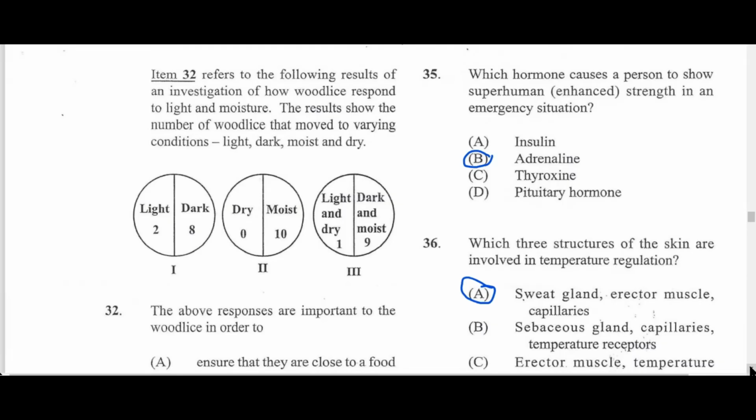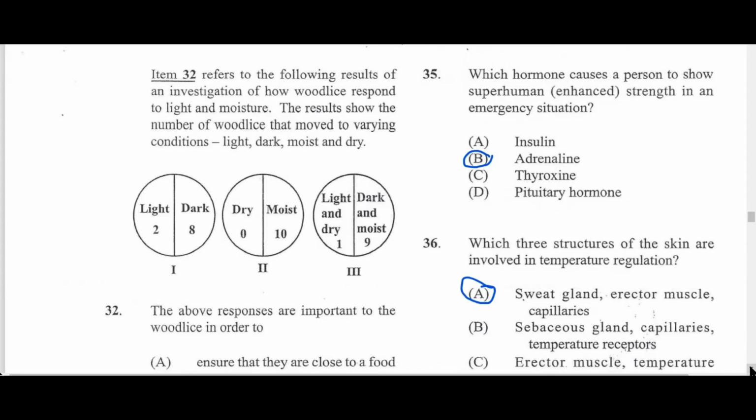refers to the following results of an investigation of how woodlice respond to light and moisture. The results show the number of woodlice that move to varying conditions: light, dark, moist, and dry.